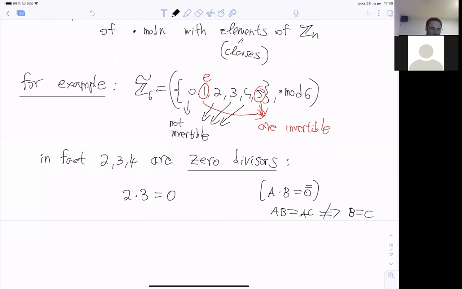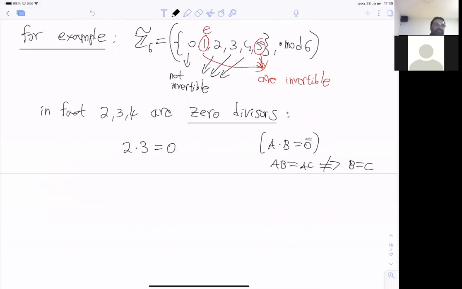Okay, but going back to our targets, we want to take those elements that are invertible with respect to multiplication modulo n in general. This is called the Euler group, which is very important in cryptography.